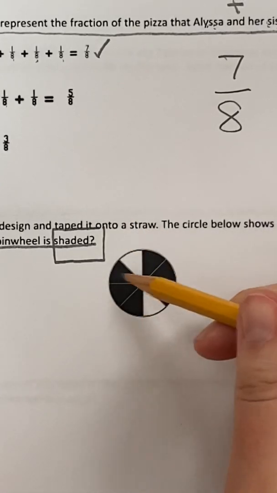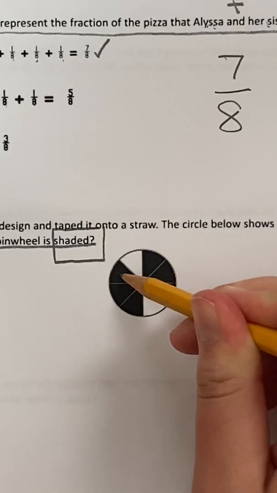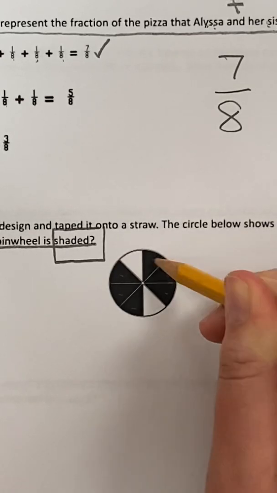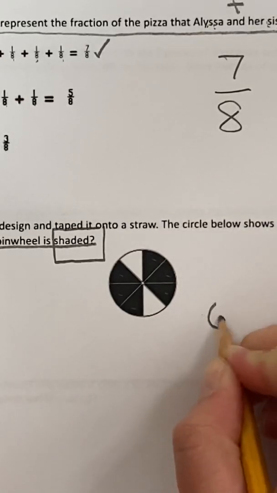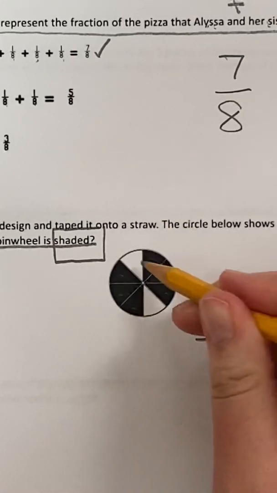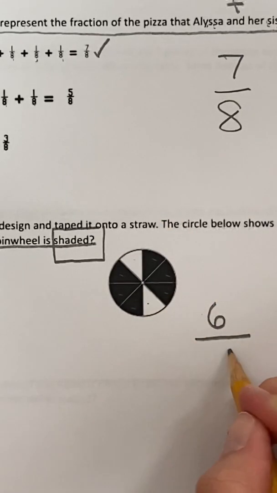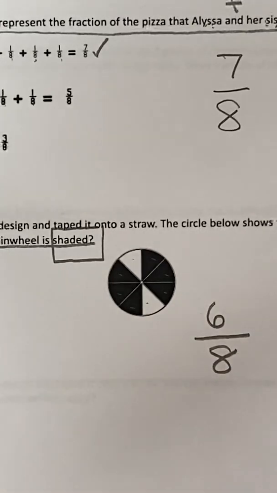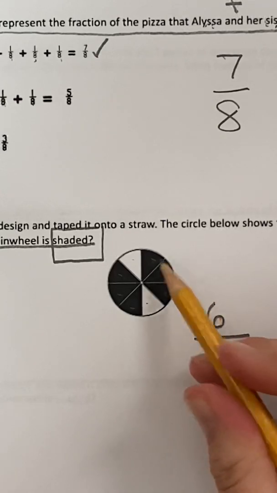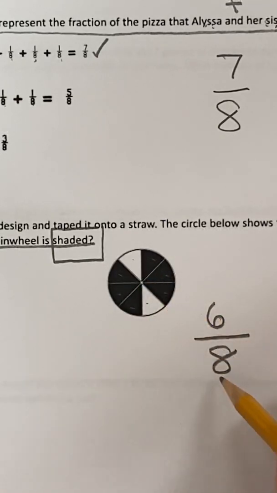All right, so we're counting only the shaded parts. So we got 1, 2, 3, 4, 5, 6. So if shaded was 6, then we got 6, 7, 8 total. We've been working with 8s a lot today. So 6 out of the 8 pieces were shaded.